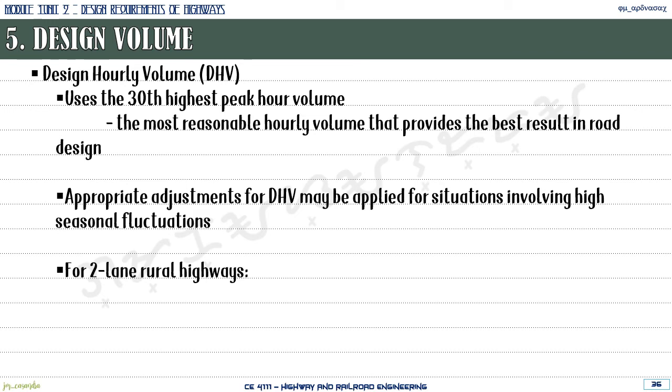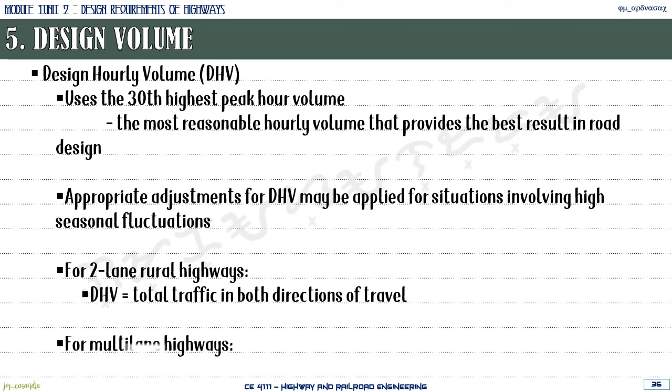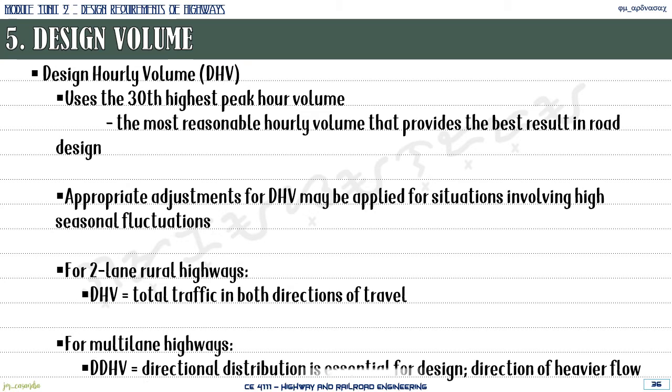So for design hourly volume, we now have values that would be used for two-lane rural highways. And we have the DHV, which will be the total traffic in both directions of travel. And then for multi-lane highways, this will now be called our DDHV or the directional distribution, in which we are going to consider the direction of the heavier flow.